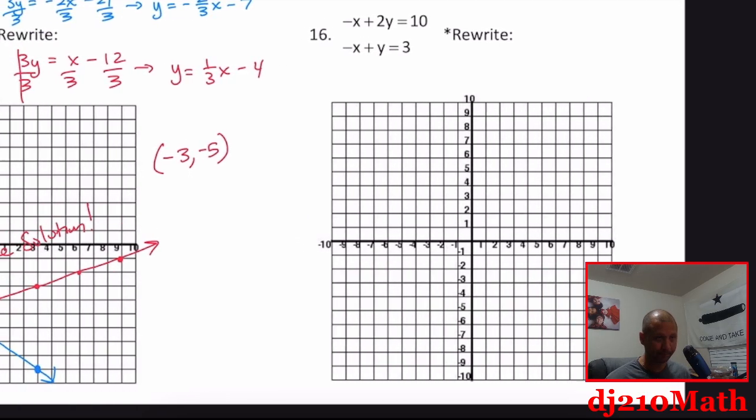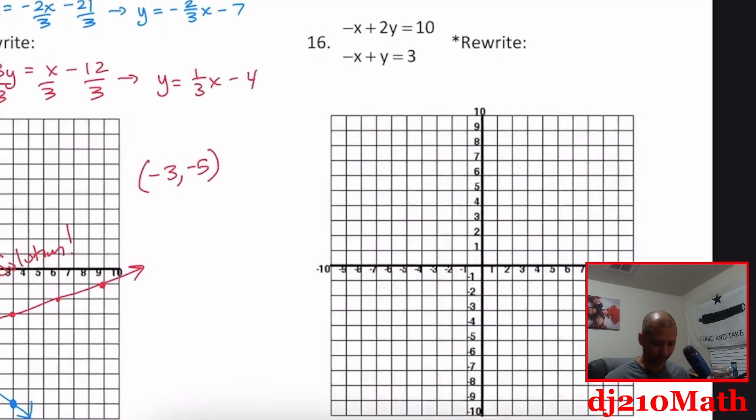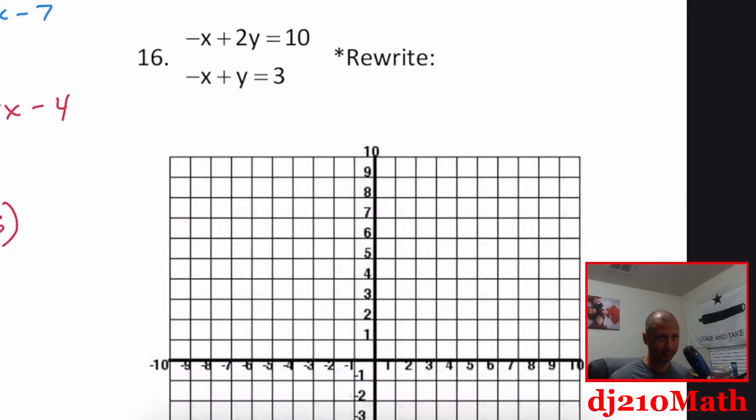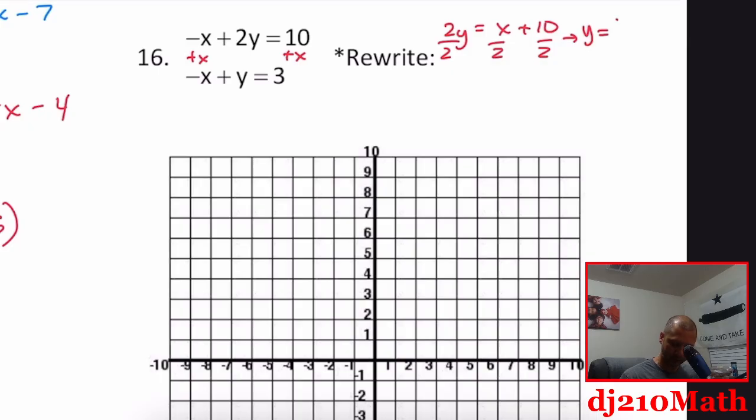All right, last one. All right, the rewrite step. Plus x, plus x. So 2y is equal to x plus 10. Right, 10 was positive, x is positive. Divide by 2 everything because we're trying to isolate y. And we see that y is equal to 1/2 x plus 5.